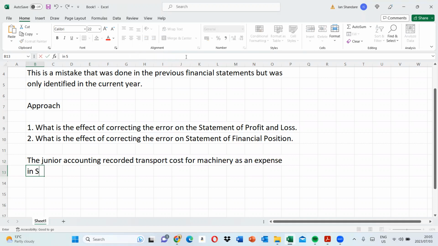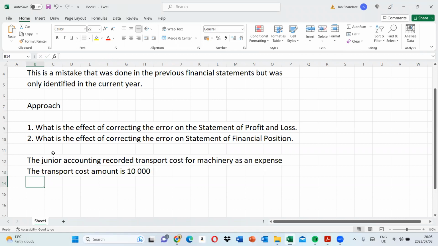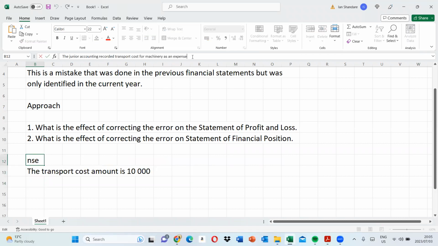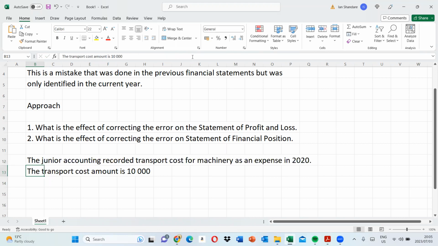They recorded the transport cost as an expense, maybe to an amount of 10,000. So the error, let's say, took place in 2020. The junior accountant recorded transport cost for machinery as an expense in 2020.